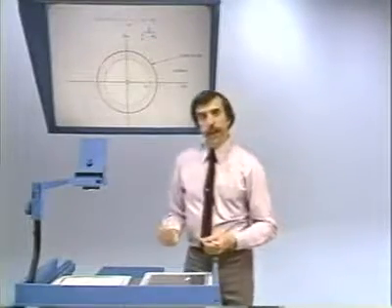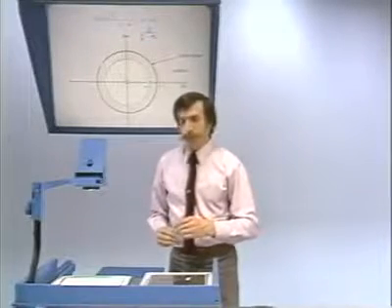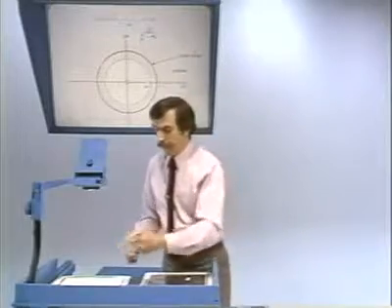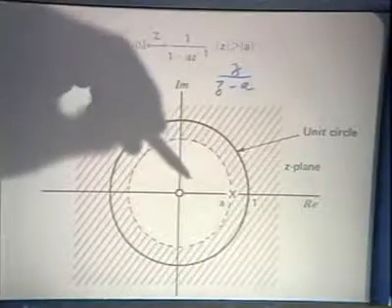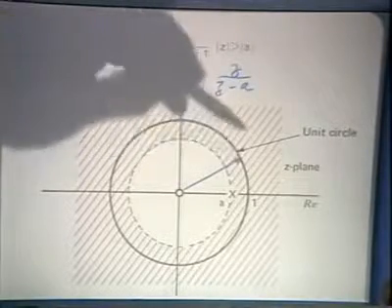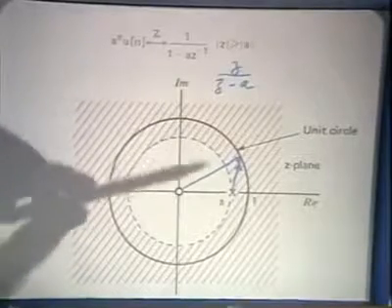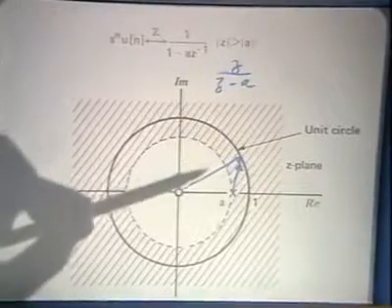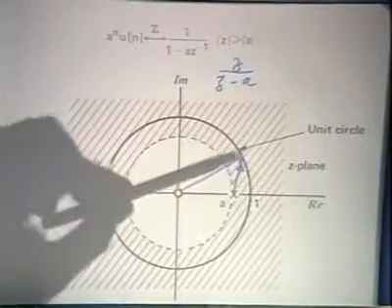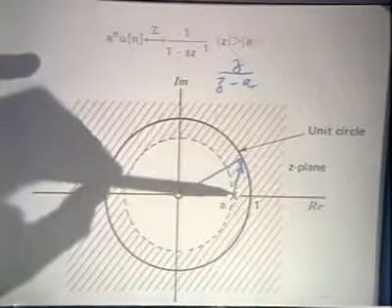And here again, we can use the vectors as we trace out the unit circle. And in particular, what we would be looking at in this case is the ratio of the zero vector to the pole vector. For example, if we were looking at the magnitude of the z transform, the magnitude of the z transform would be the ratio of the length of this vector to the length of this vector.